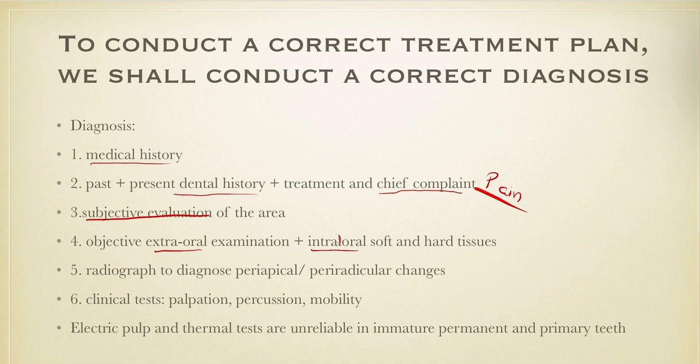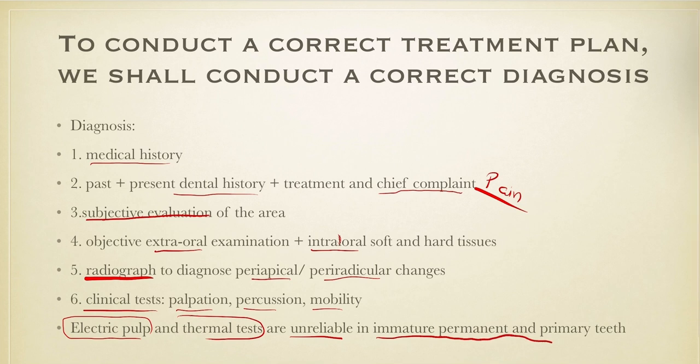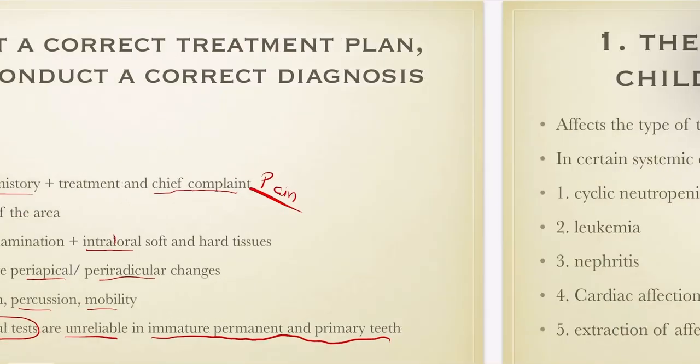Then we take X-rays to diagnose the periapical and periradicular changes. Then we do clinical tests: palpation, percussion, and mobility. Just as a hint, electric pulp and thermal tests are unreliable in immature permanent and primary teeth, so it is better to avoid them when you diagnose a child.